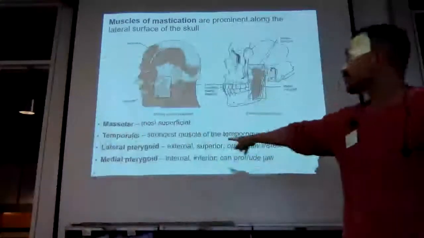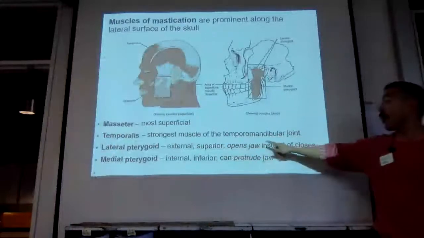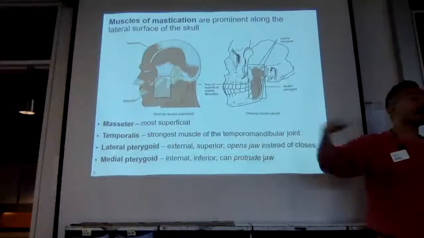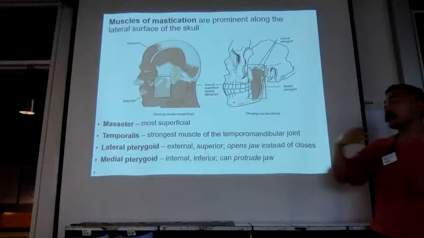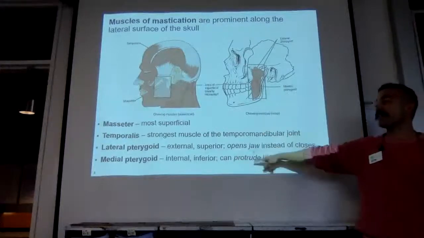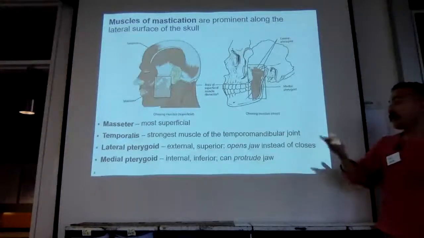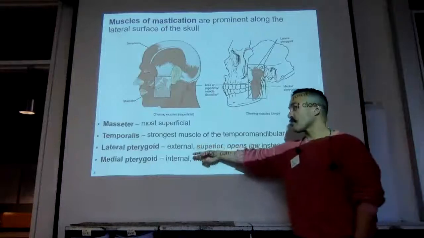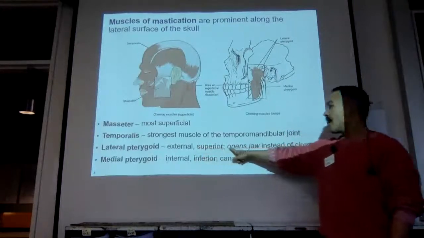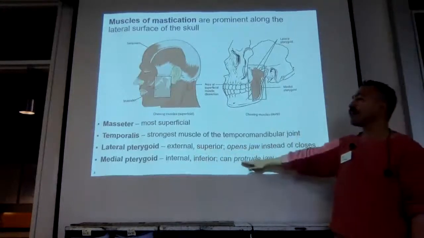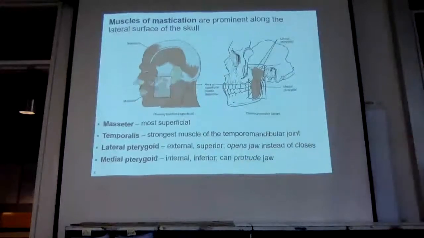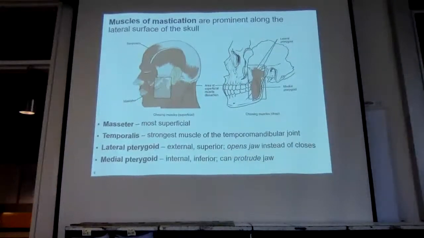The lateral pterygoid is for opening. So lateral pterygoid and platysma can open your jaw. Masseter, temporalis, medial is for closing. These 2 muscles also do 2 different things. The medial pterygoid also protrudes the jaw. All right, let me show you on the model and how they work.